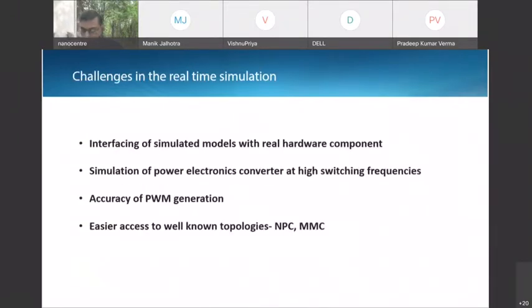Now, the main challenges we see in real-time simulation. We'll also talk about what exactly real-time simulation is, and how it is different from offline simulation. But before that, as a brief challenge: whenever we want to interface a simulated model with a real hardware component.